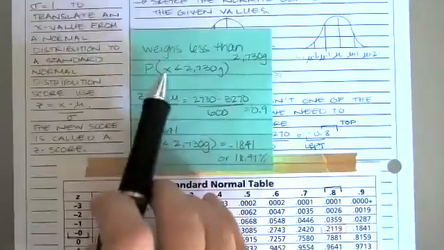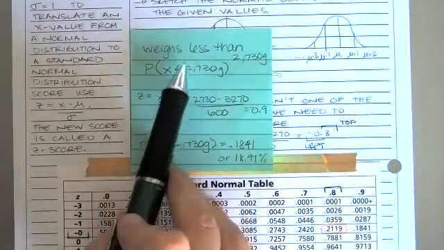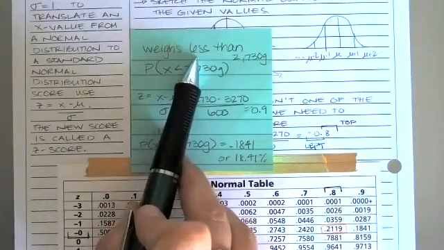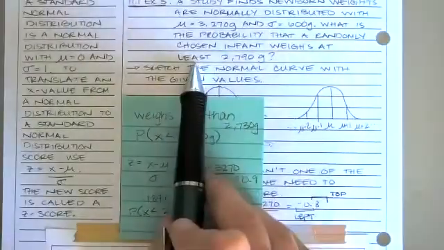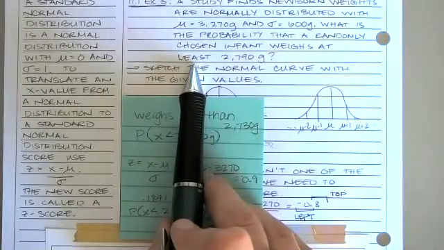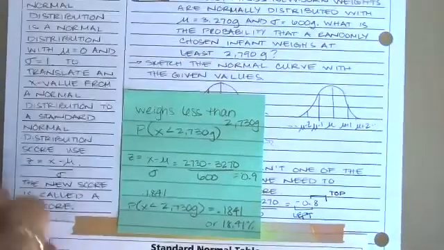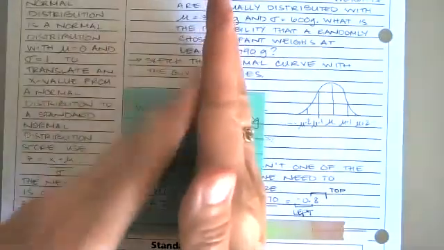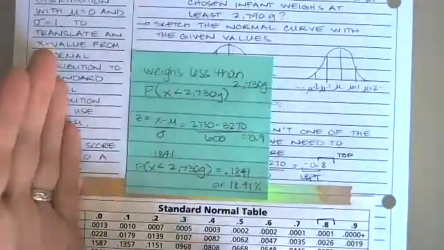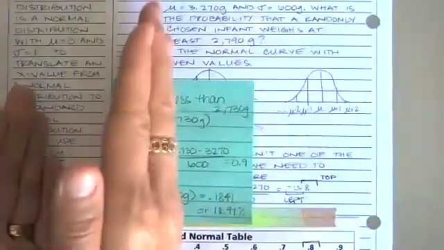Well, no, it's just because this example I made up says less than. The other example says weighs at least. So if it weighs less than, that's going to be weights over here, right? Yeah. So that's exactly what these numbers are. If it says weighs at least, then that's values over here. Yeah. So the complement to these numbers.